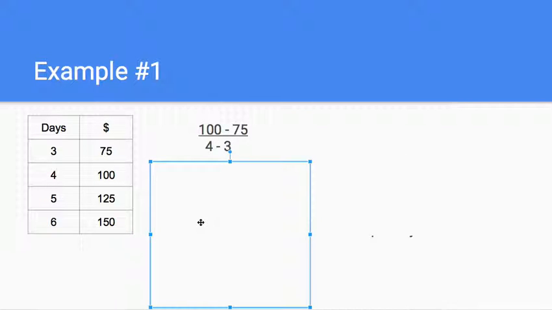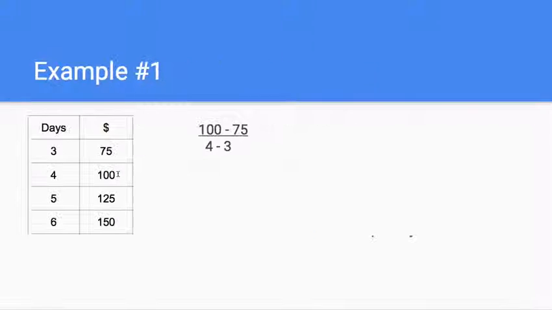Okay, so let's look at example number 1. Here we have days and money, and we're given 3 days, $75. 4 days they earned 100, 5 days 125, and 6 days 150. Now what I do is I just pick any two numbers. In this case, I picked the first two, 75 and 100, and I took the bigger minus the smaller. That way I wouldn't be dealing with negatives.